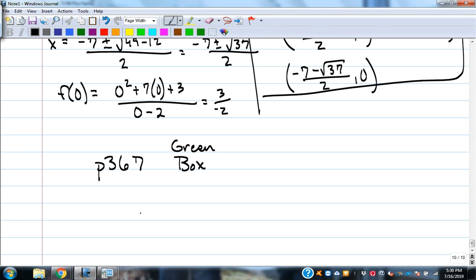Practice problems for this particular section, page 373. This is section 3.5. 1 through 105.